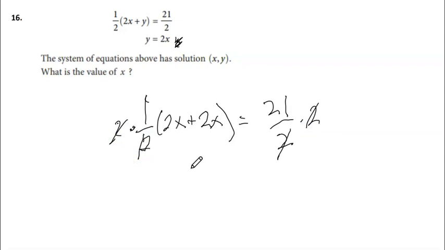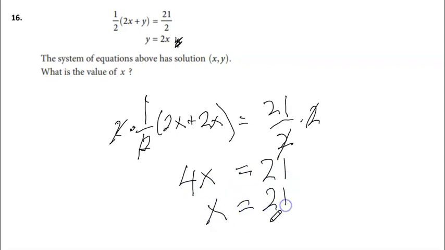And then in the parentheses, we have 4x. On the right hand side, we have 21. So x is equal to 21 over 4. Or you could have continued by adding these two, multiplying by half. And then eventually, if you divide, the 2 comes down and you get the same thing.